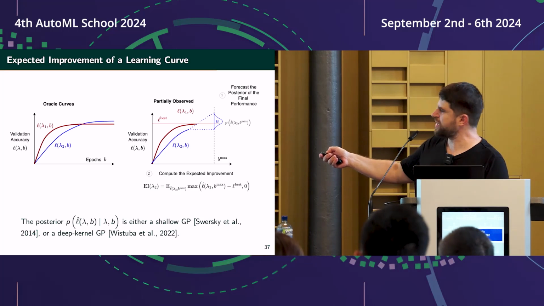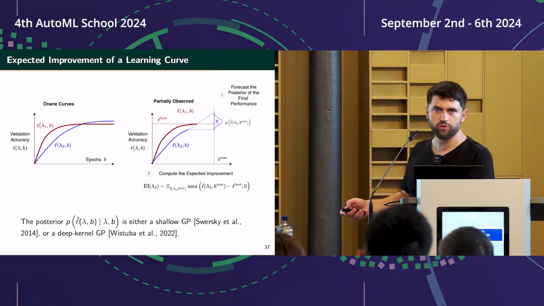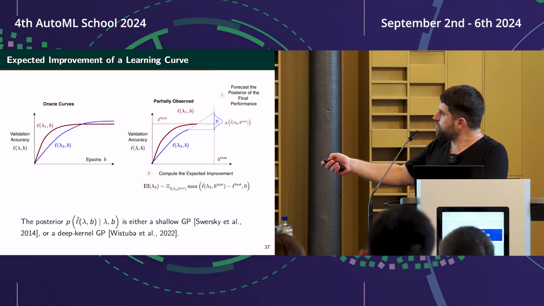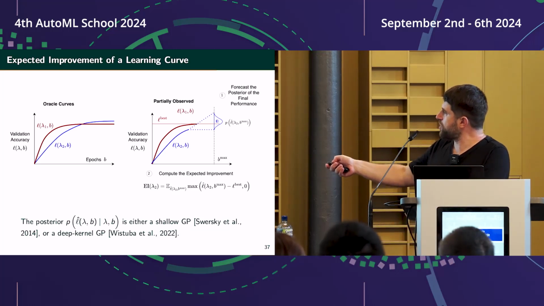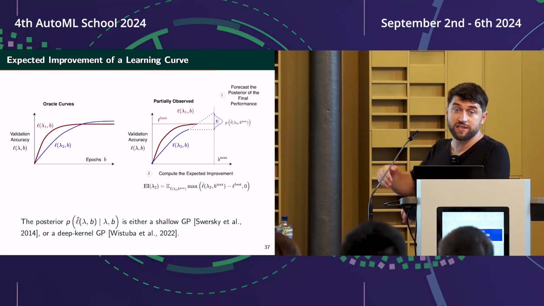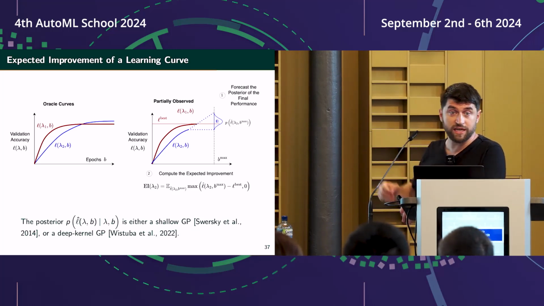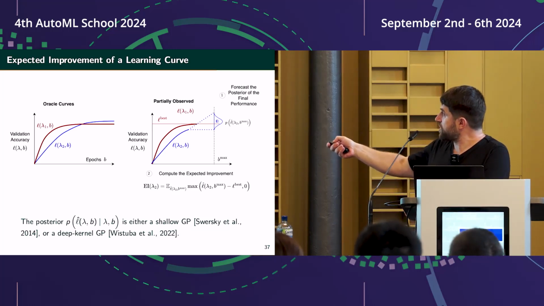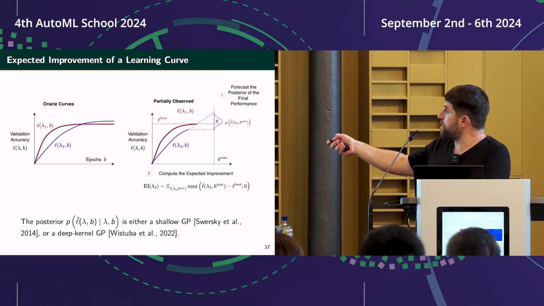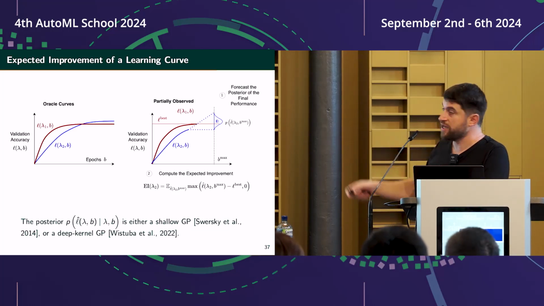The red is run for a few more epochs than the blue curve. And now you want to predict the performance of the blue curve at some future optimization point, for example, after 100 epochs or until the end of your optimization budget in wall clock time. Your prediction is measuring the posterior distribution. So you have a density function of your performance given your configuration, and assume that this is Gaussian.